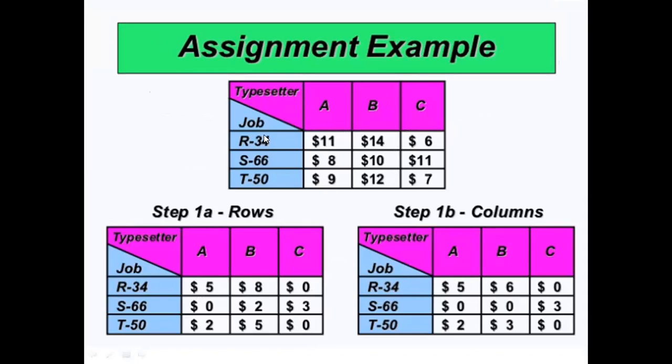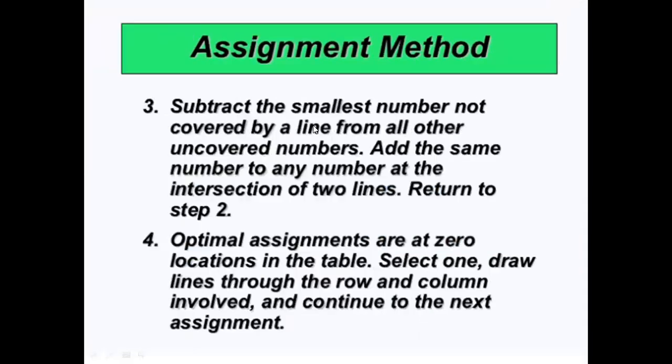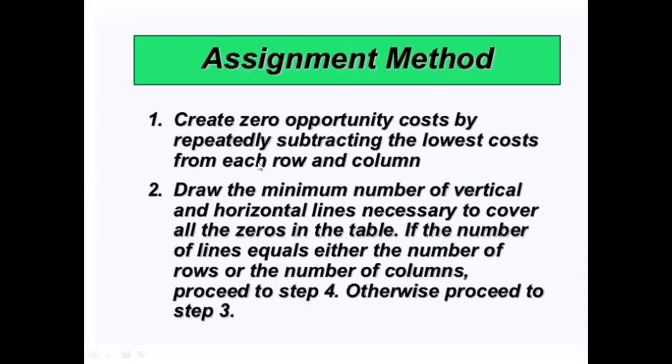So the first rule, if we want to do the assignment example, we have to evaluate each row and each column. And how do we evaluate each row and each column? You have to subtract all cells in each row and each column by looking at the lowest cost.